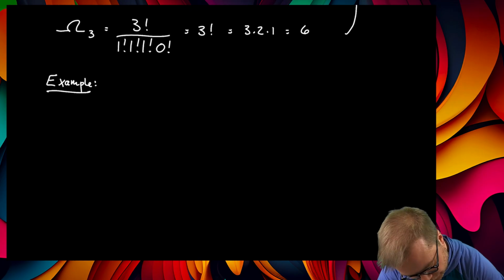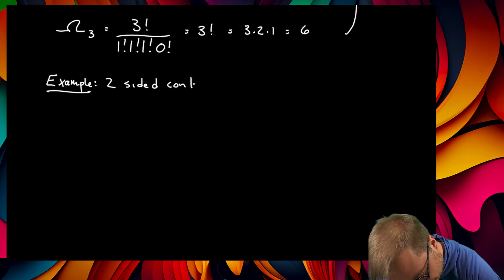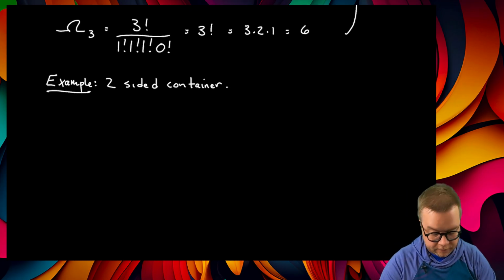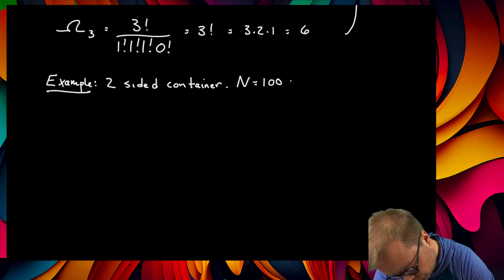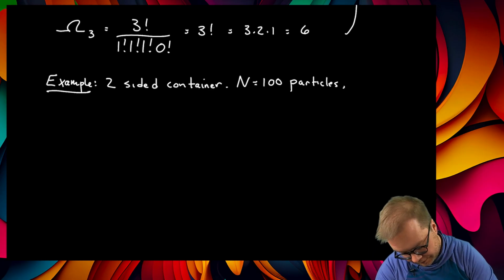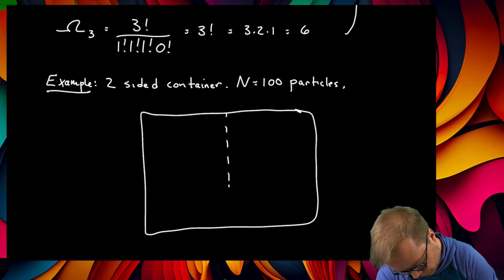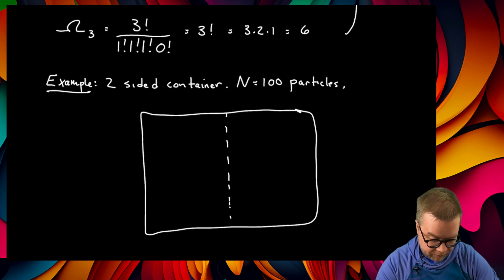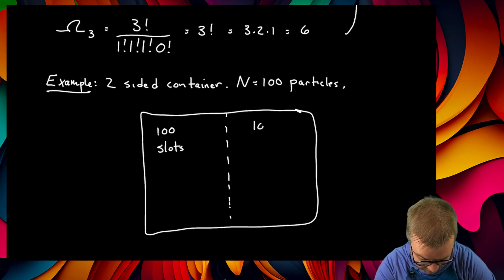And so let's imagine we have a two-sided container, and we've got a total of 100 particles. Let's say that the container looks kind of like this. On the left side, we've got 100 slots, and on the right side, we have 100 slots.